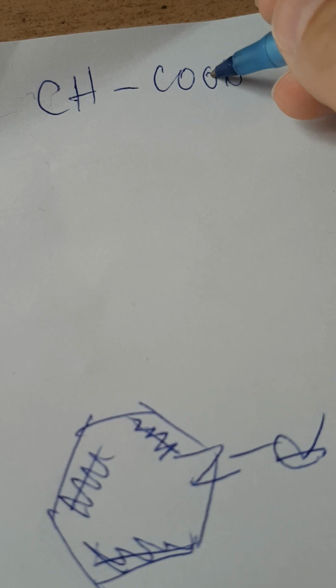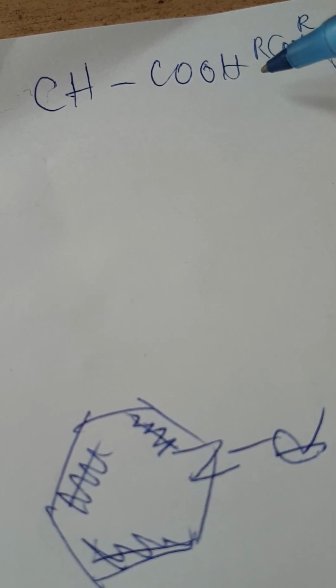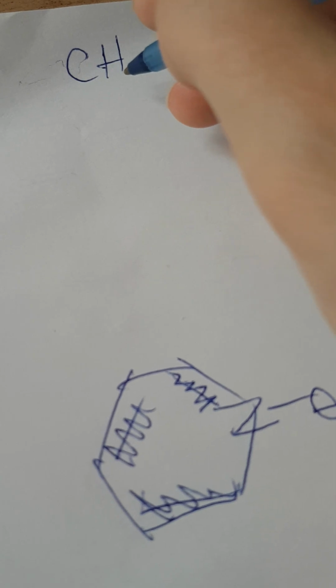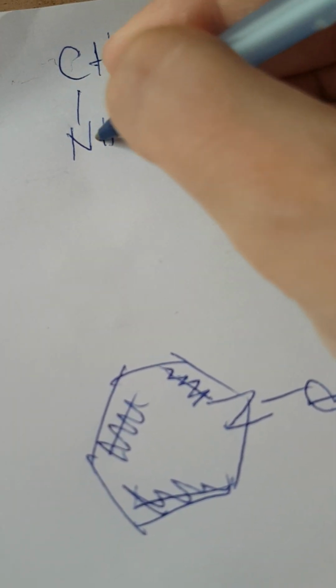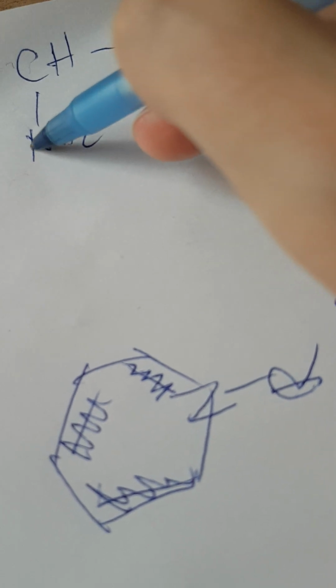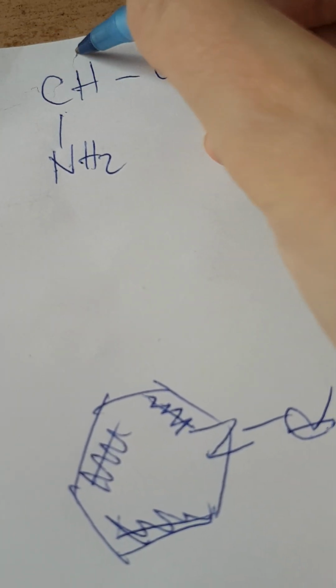Organic acids will have this, and not all, actually, like we will talk about sulfonic acids and other stuff very soon. So like CH, and then you have NH2, because we want the amino acid, and most of them are going to be alpha. And what's alpha?